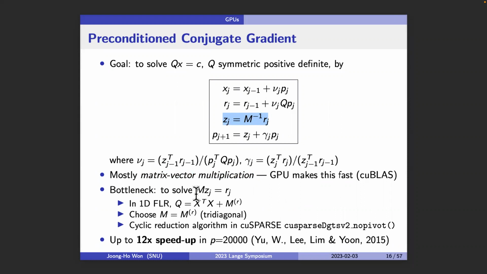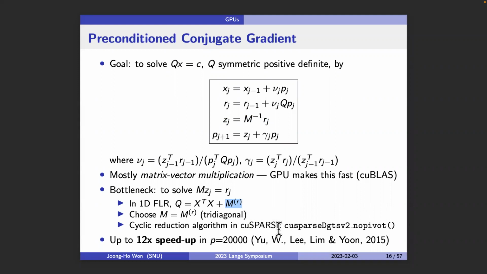But if I use this M_R matrix as a preconditioner, because it's tri-diagonal, there is a solution. There is an algorithm called cyclic reduction, which can solve this tri-diagonal system in parallel. And that's fortunately implemented in a CUDA library called cuSparse.